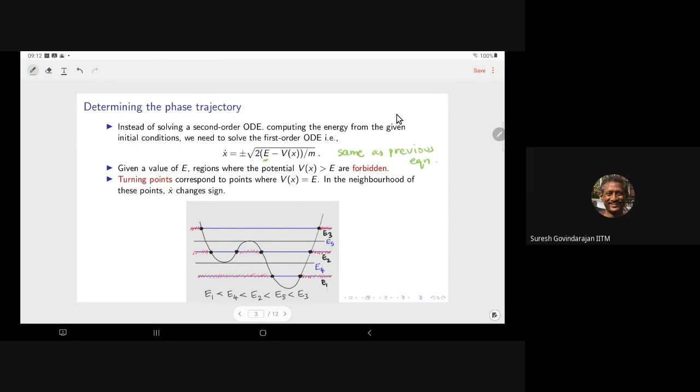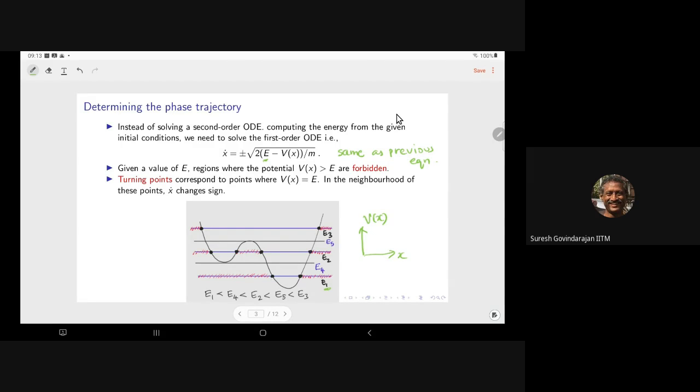I have chosen a value E1 first, so I just draw a horizontal line. What is drawn here is V of x versus x. So I've drawn a horizontal line with this energy E1.